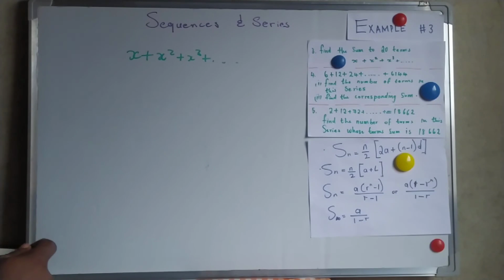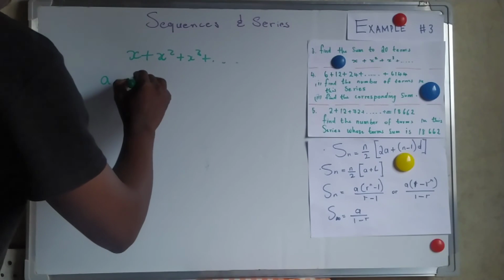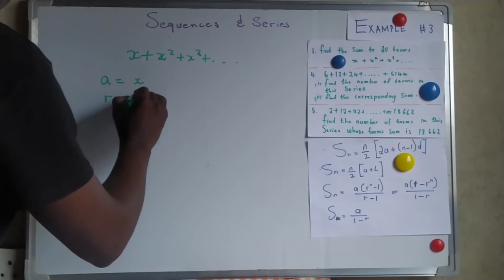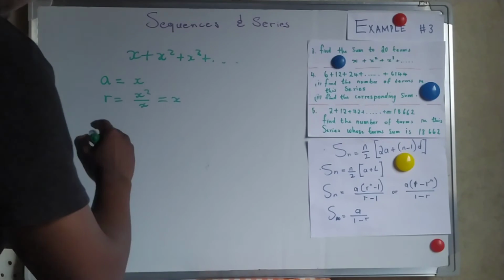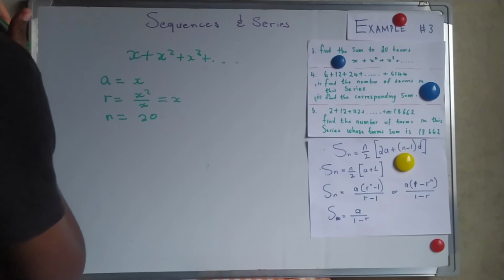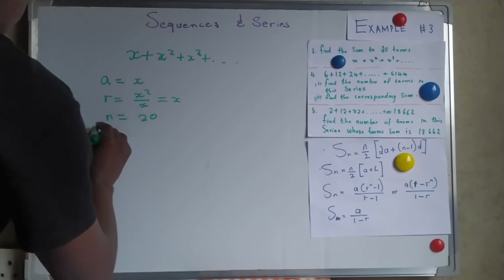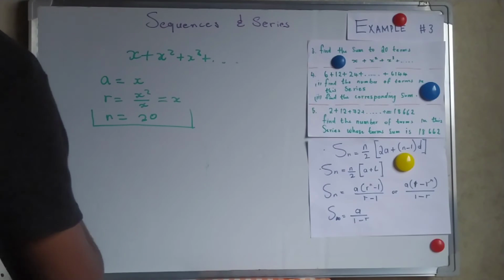So I would use this first formula. Our a is x, our r is x squared divided by x, which gives us x, and our n is 20 because it's a sum to 20 terms.